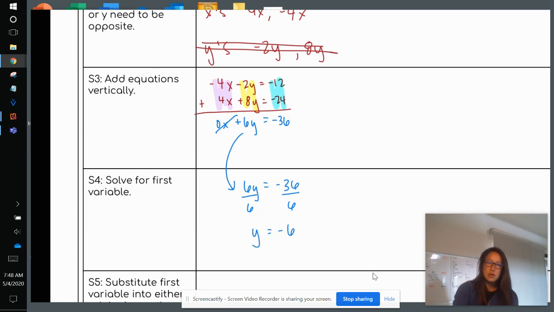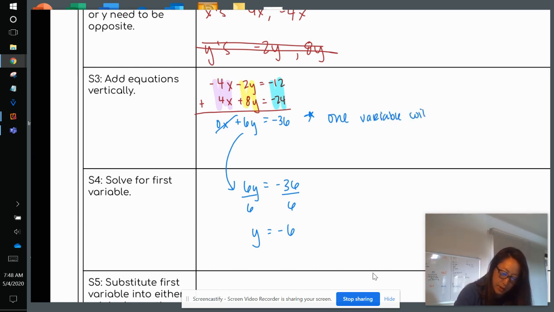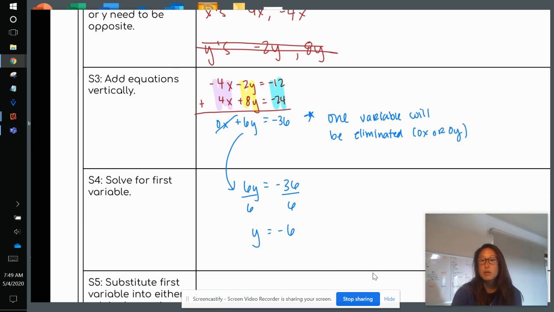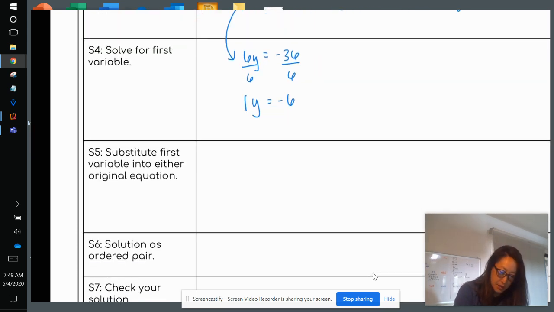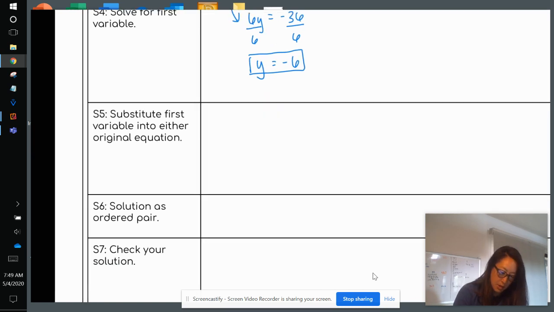The goal is that one variable will be eliminated or go to 0, like 0x or 0y. Okay, so the goal is to get one variable in our equation. All right, so that's our first part of our ordered pair.